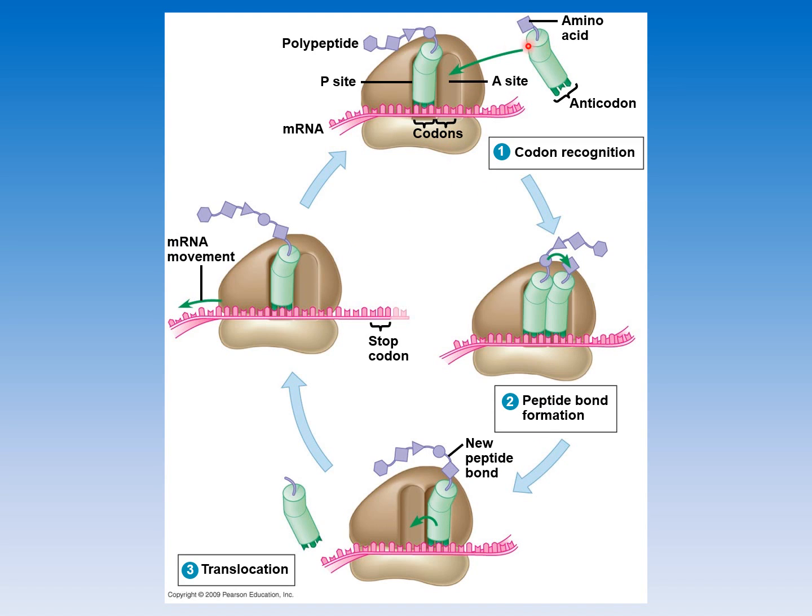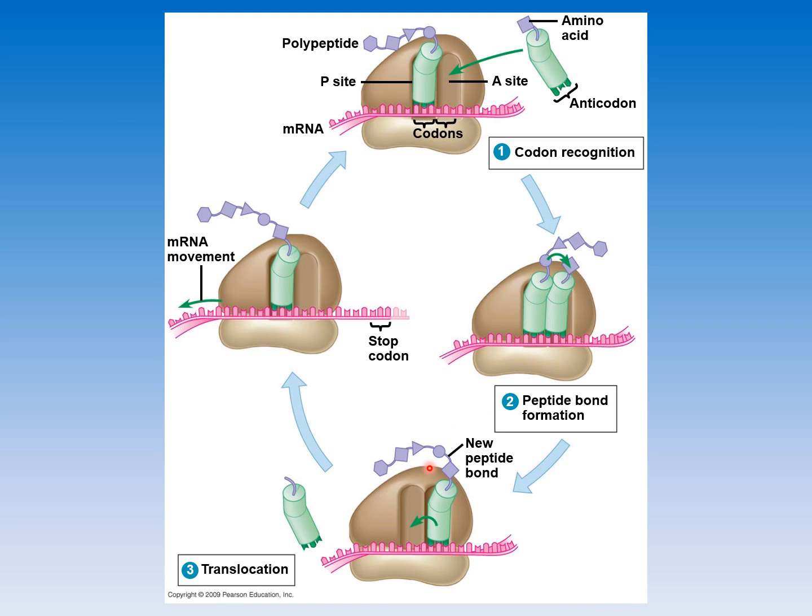So tRNA comes in, peptide bond formed, P site, tRNA gets kicked out, P site's empty, A shifts to P. A is empty, new tRNA, form a peptide bond.